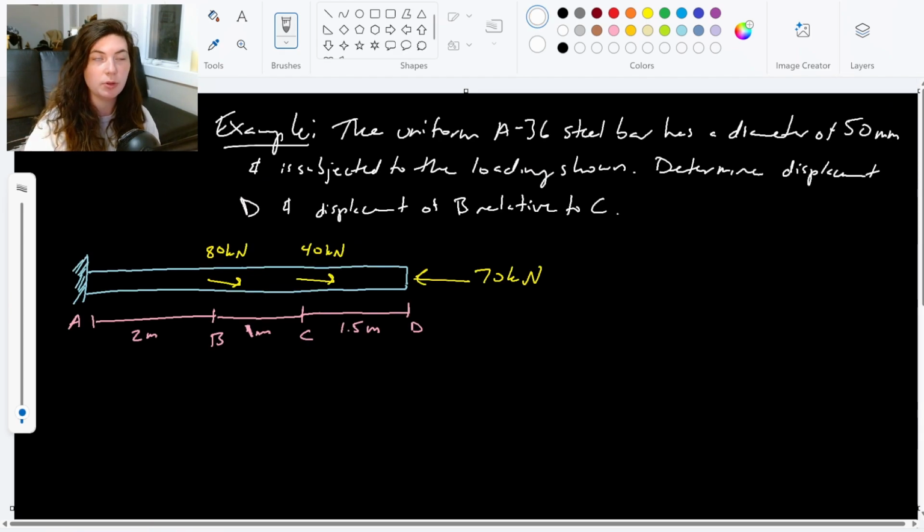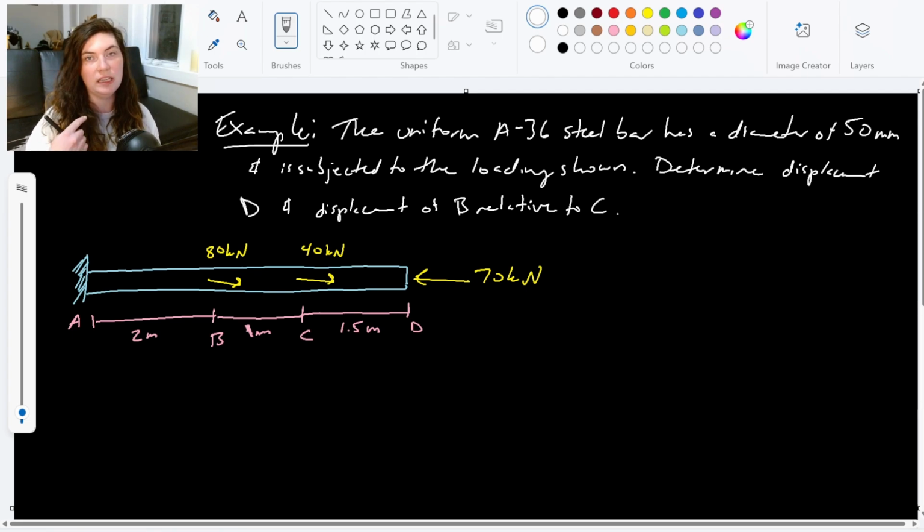So in this example, we have a uniform A36 steel bar with a diameter of 50 millimeters that's subjected to the loading shown. We need to determine the displacement of point D, as well as the displacement of B relative to C. Since we have multiple sections of loading, we're going to have to do a summation to account for all of the different loads, because we're going to have different normal forces in each of these sections.